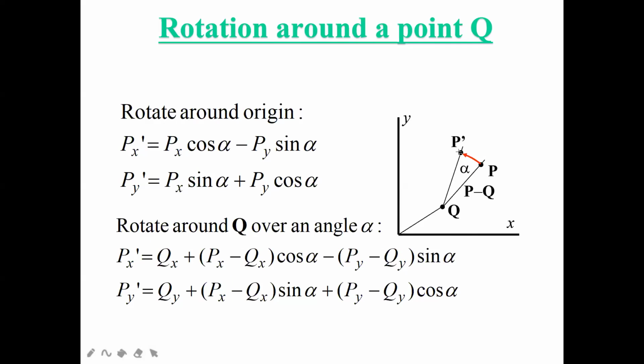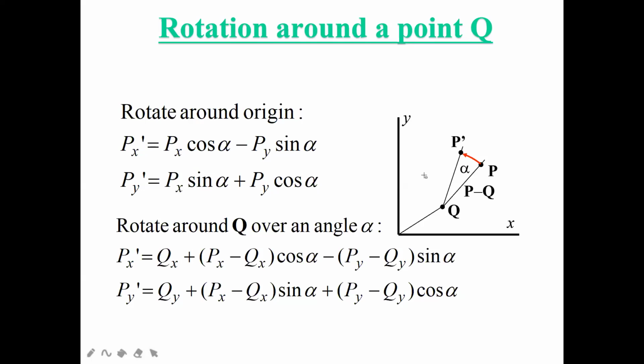So if I want to find the value of x in p dash for the new rotational value, what will be the formula? It is x cos alpha minus y sin alpha. Here I have represented it as px and py, and my p dash y will be equal to x sin alpha plus y cos alpha.